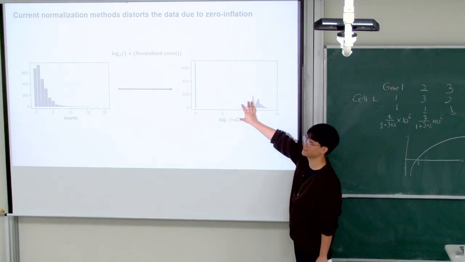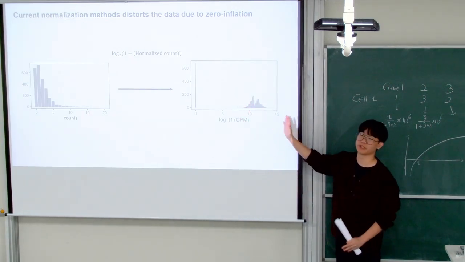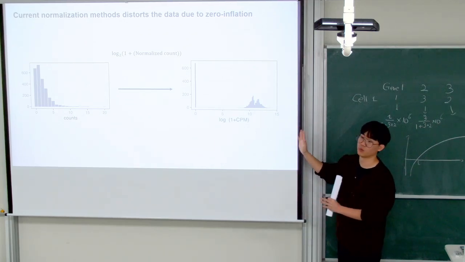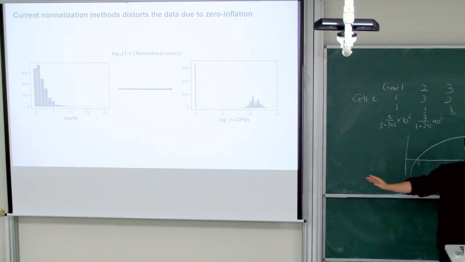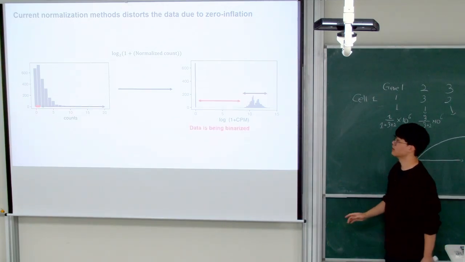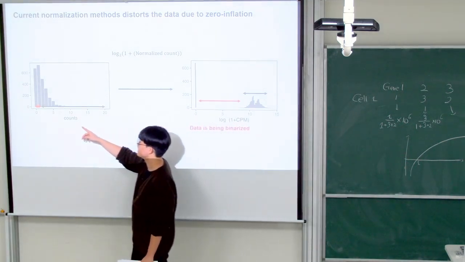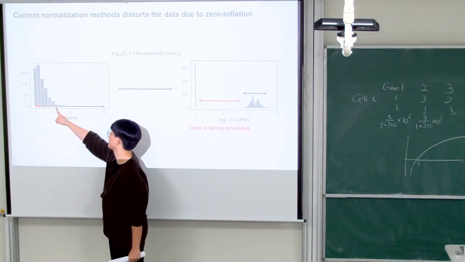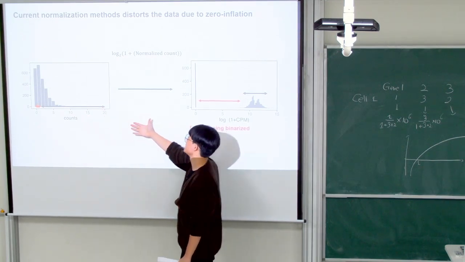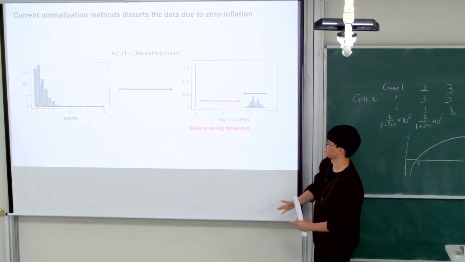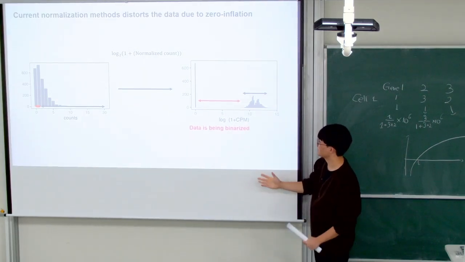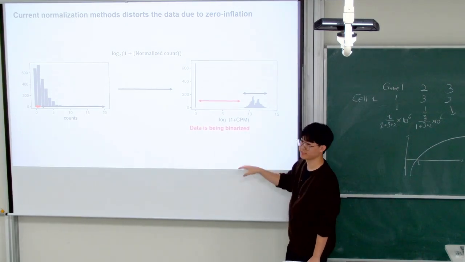Based on this data, we will make the mean equal 0 and the standard deviation equal 1. This is before. And as you can see, the gap between 0 and non-zero and the amount of non-zero data becomes distorted, which means the data is binarized.